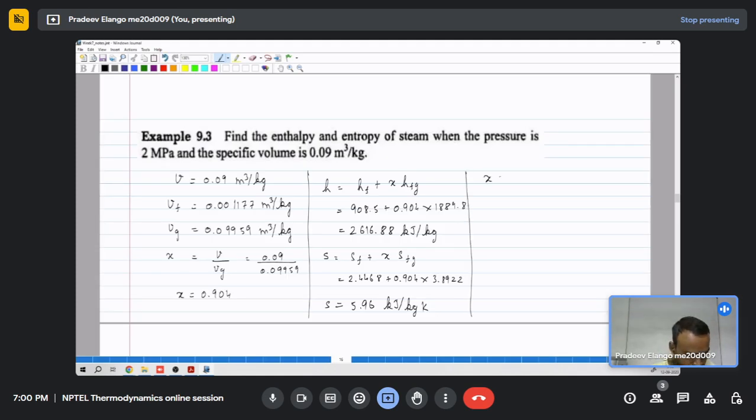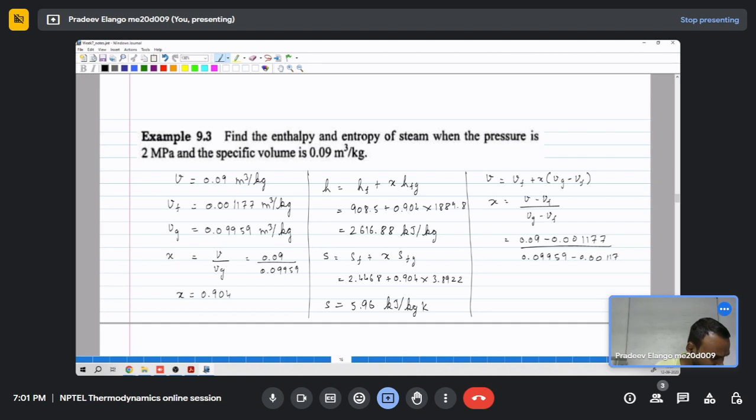So X will be, we have V is equal to Vf plus X into Vg minus Vf. So X will be V minus Vf divided by Vg minus Vf. So here V is 0.09 minus Vf is 0.001177 divided by Vg is 0.09959 minus 0.001177.